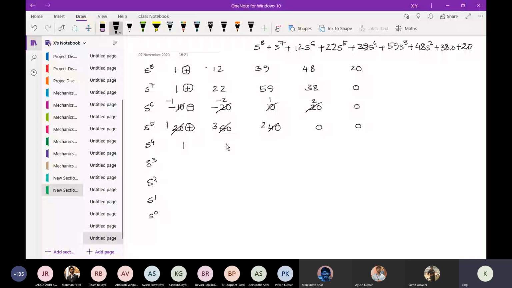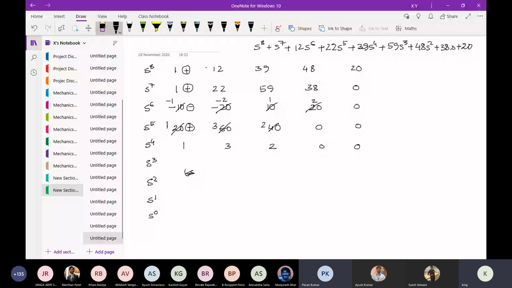Sir, that sign change, only if the first component of the third row undergoes a sign change, then we can consider it as a sign change, or both the first and second should change. Like in every case we have discussed before, the first and the second term in the third row have changed sign. No, here, see here. What are the number of sign changes so far we have encountered?